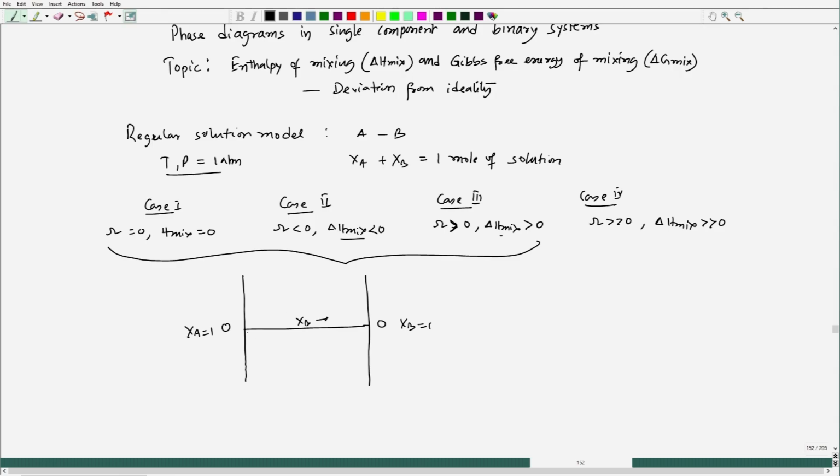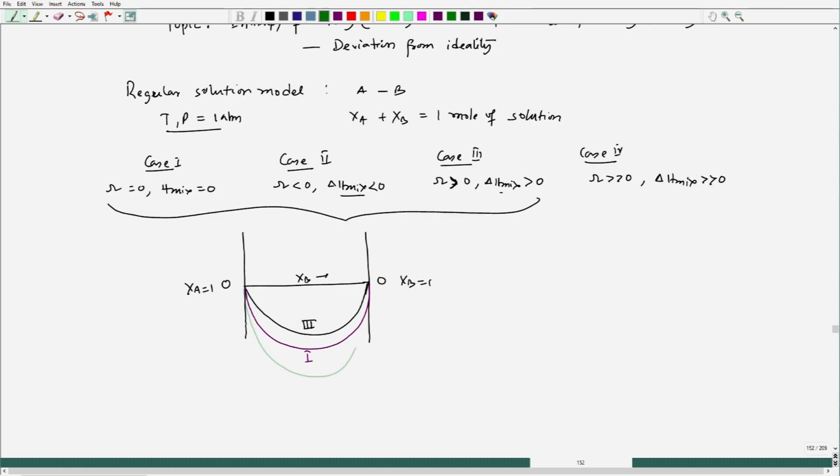So for the three cases, this should be case 3, then we have case 1, and the third one is case 2. We have already seen this and understood why it happens.